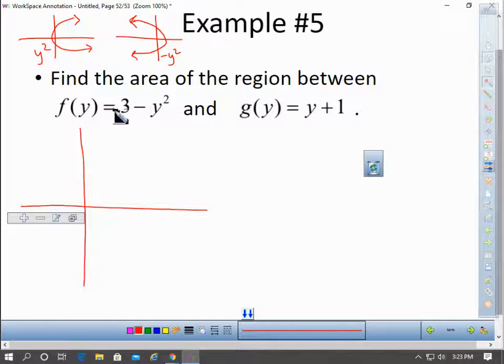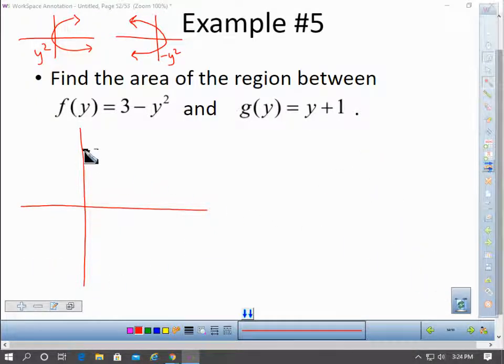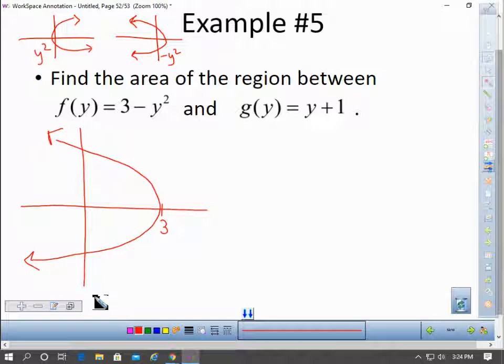And then I'm adding 3 to it, so that scoots it over 3 to the right. So there's a sideways parabola opening on the left side, moved 3 to the right. There's what that looks like.